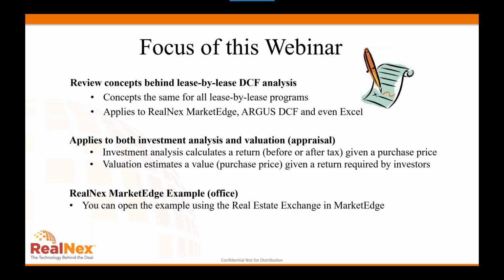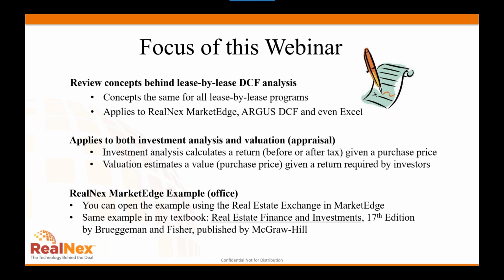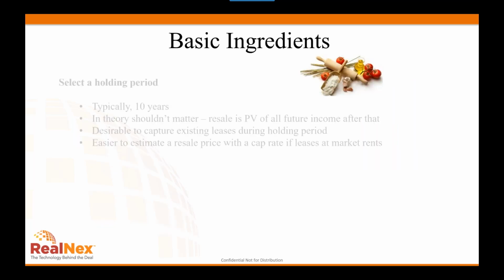Then we'll go through an example, using Market Edge in order to solve for the return. And actually, we'll also get the value of the property. We're going to do it for a sample office building investment. And again, I'm taking an example from the Real Estate Finance and Investments textbook, 17th edition, Brueggemann and Fisher.